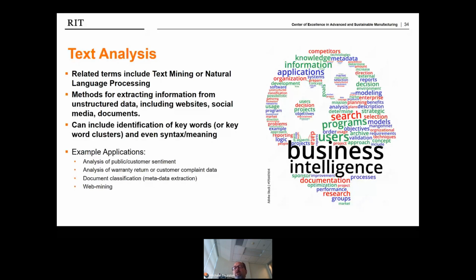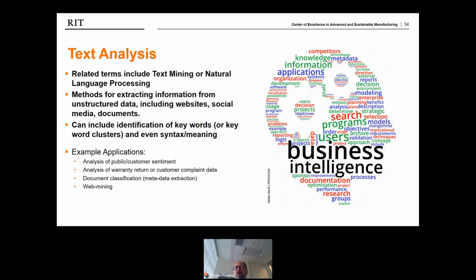Keyword clusters can be extracted and even broader syntactical meaning within paragraphs or entire documents. Some application examples include analysis of public or customer sentiment, analysis of warranty return or customer complaint data from freeform text, classification of documents on your server based on content, or various types of analysis on web mined data, such as competitive pricing analysis.